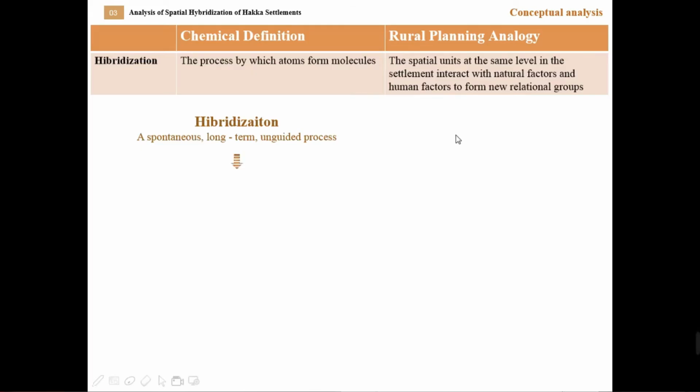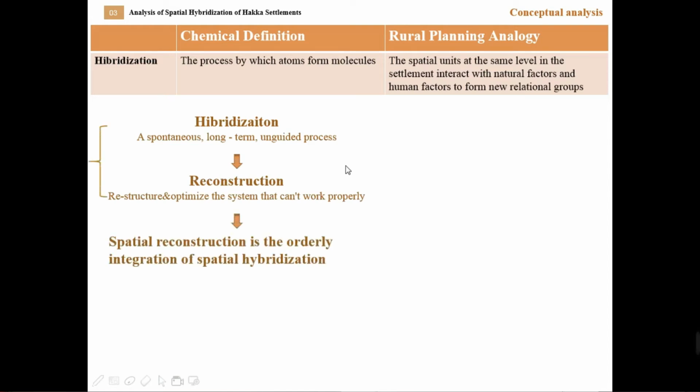So this is hybridization, and this is reconstruction, which is the way that we will do. Coming up, spatial reconstruction is the orderly integration of spatial hybridization. So spatial hybridization is that big, and we are doing the core of that randomly distributed hybridization.